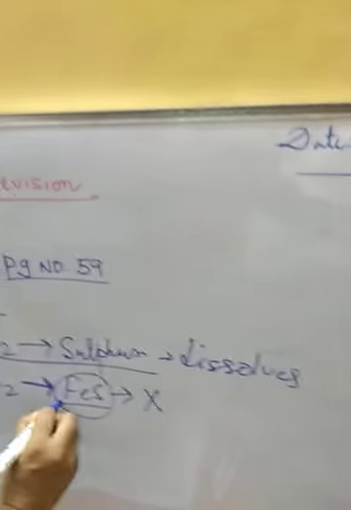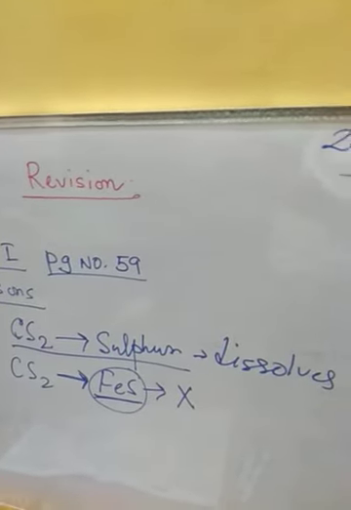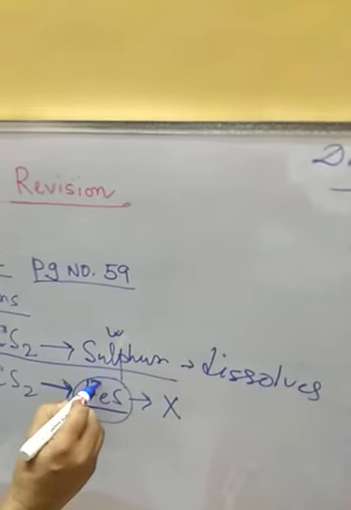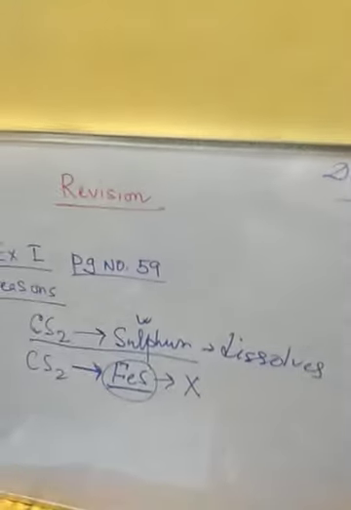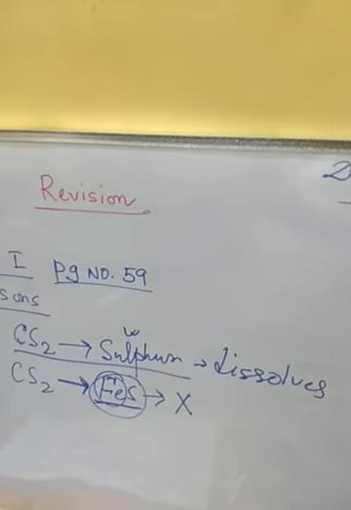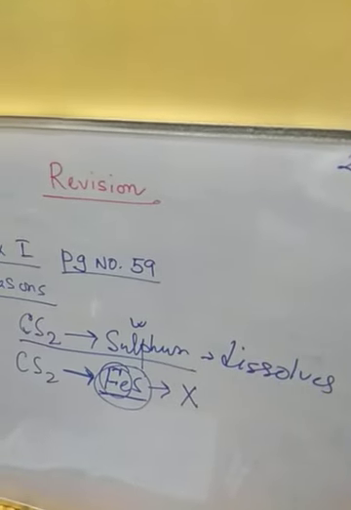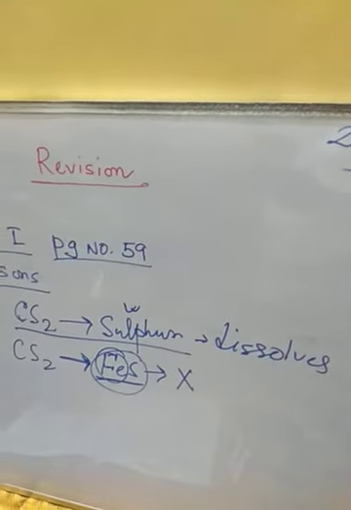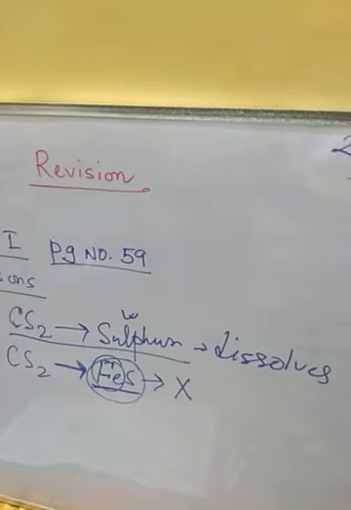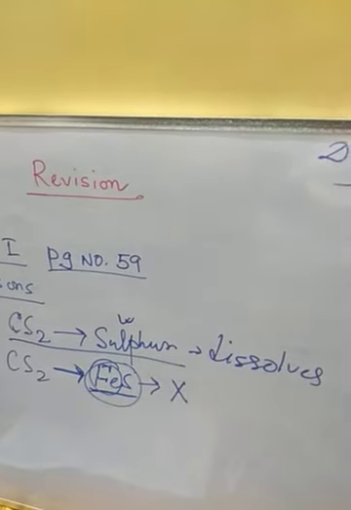Here in ferrous sulfide, we can see this is not a single element. Sulfur is a single element, but ferrous sulfide is not an element, it is a compound. And in a compound, as we have just seen in common salt, sodium and chlorine both lose their properties. They do not show their individual properties.